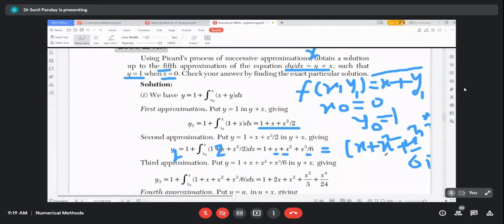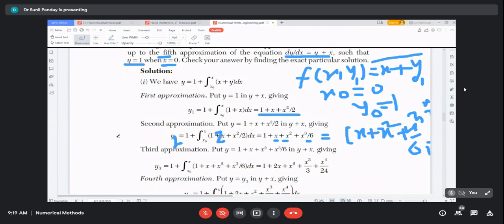Actually, this x naught is 0, so the lower limit is 0 and the upper limit is x.